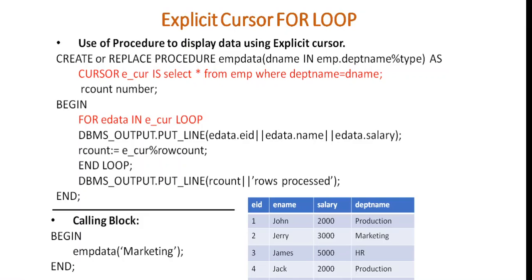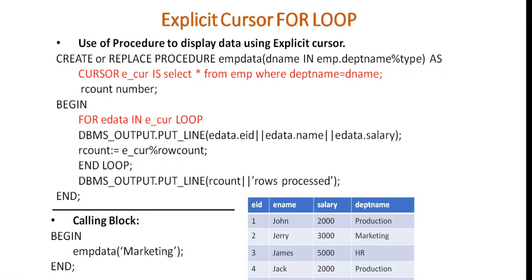So now when I write this statement emp data marketing, it means I want to display the data for persons who are working in the marketing department. Okay, now see, if you want to display data for employees working in the production department, then you can simply write emp data production.